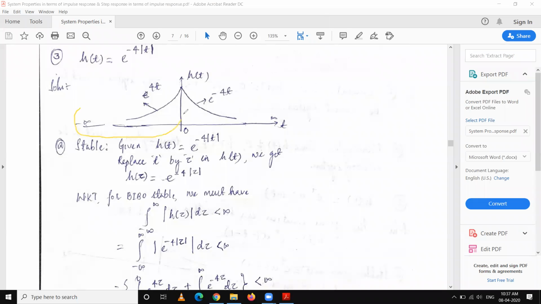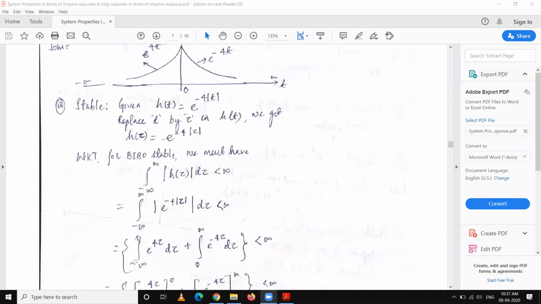One signal is present from minus infinity to 0, that is e raised to 4t, and from 0 to plus infinity the other signal is present. Remember that. So there are two equations.